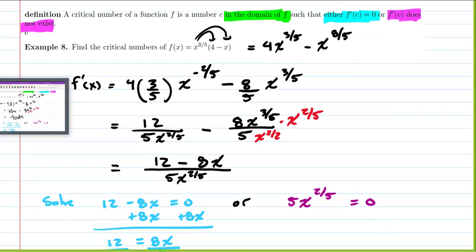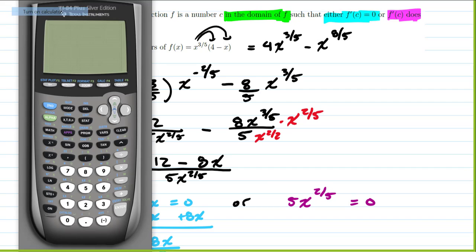All right, let's graph this thing and see what it looks like on our calculator. So if we go x raised to the 3/5 and we multiply it by 4 take away x and we graph, we get something that looks like this.